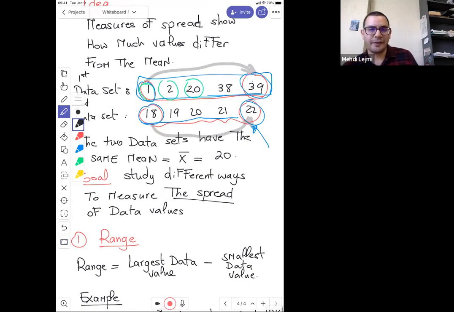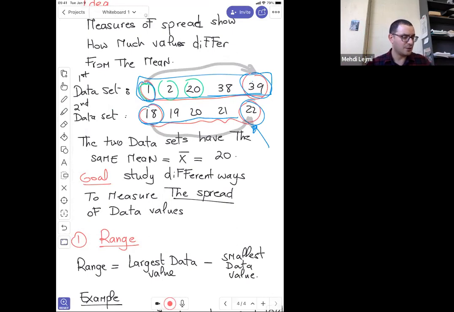So that's the idea. Okay, so you can use the range to compare the spread or the variation of two data sets, right? In this example, as we said, the range of the second data set is less than the range of the first.